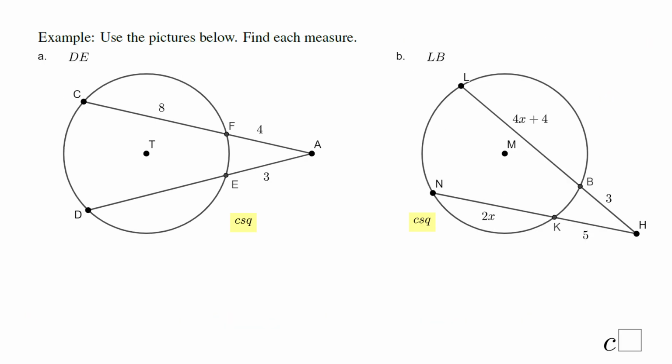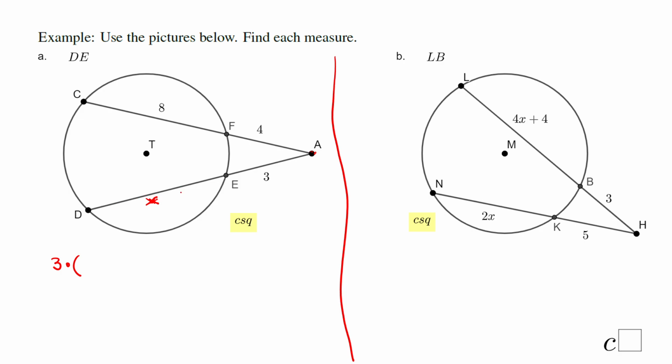So this is the theorem, and you see it's the same theorem. So let's see this example, and we're going to start with part A, where you need to find the measure of DE. I'm going to call this X. Now here you need to be careful. So you always start from the point. So let's start from this point, and the first thing I'm going to do is AE, which is 3, times what? Now it's not DE.